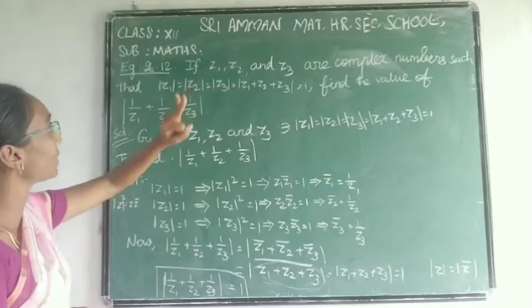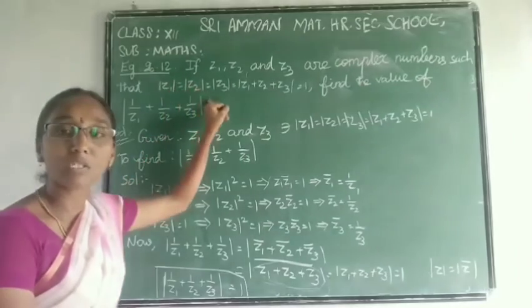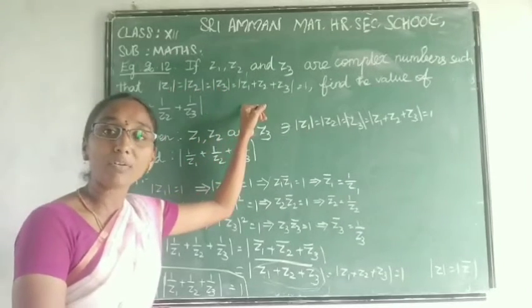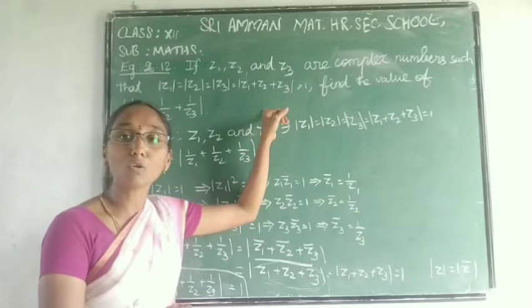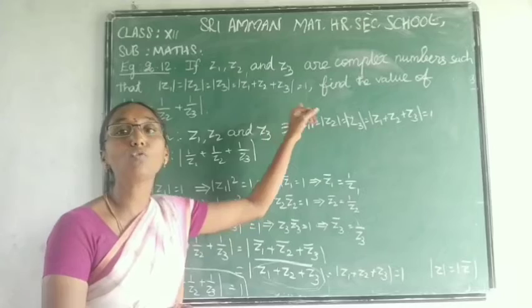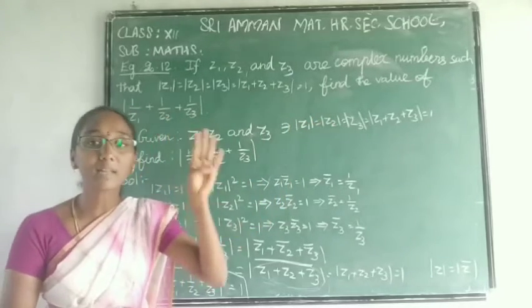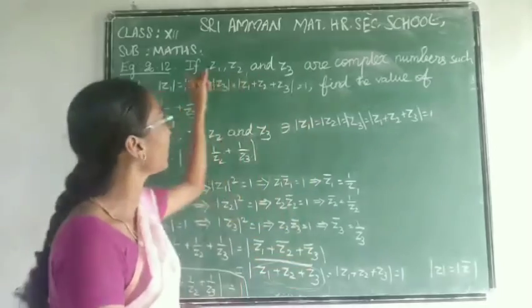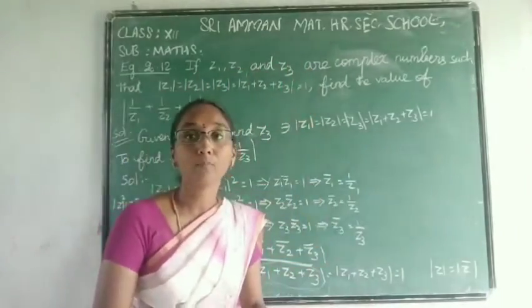The given three complex numbers: modulus of Z1 equals modulus of Z2 equals modulus of Z3 equals modulus of Z1 plus Z2 plus Z3 equals 1. These four conditions are satisfied by the complex numbers Z1, Z2 and Z3.